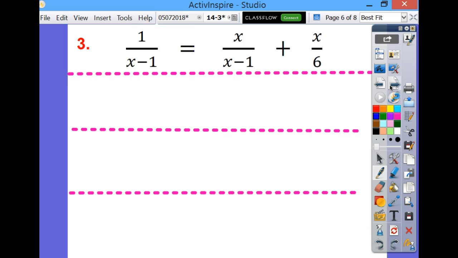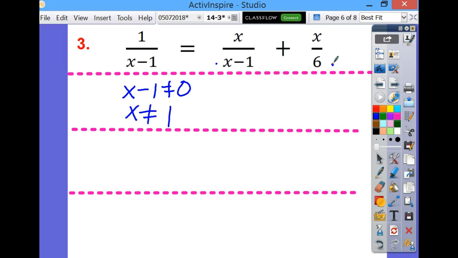Please look at problem number 3. The first thing I try to do is figure out what the denominators cannot be equal to, because if I don't do it at the beginning, sometimes I forget. So the denominator cannot be equal to 1. Well, this is the same denominator, so it has the same thing.